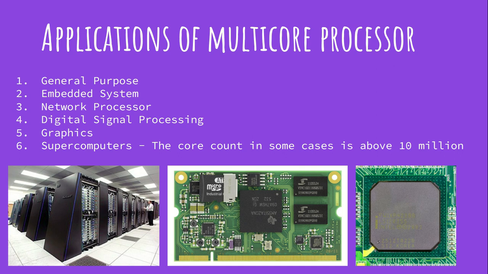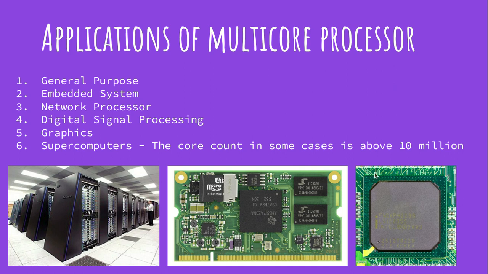The second main use of multi-core processors is in the embedded system industry. As you can see here in the photo in the middle, there are several chips. This is the photo of an embedded system making use of several processors, and thus is the use of a multi-core processor. Network processors too make use of multi-core processors. The last diagram on the right is a network processor.